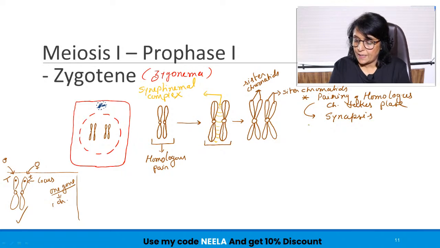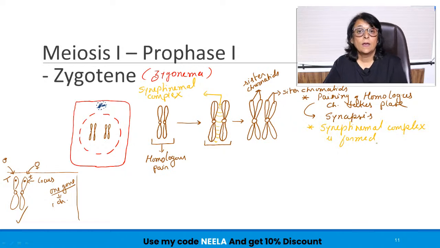So what is our next change? The next change is synaptonemal complex is formed. And this synaptonemal complex is going to hold these two chromosomes together.